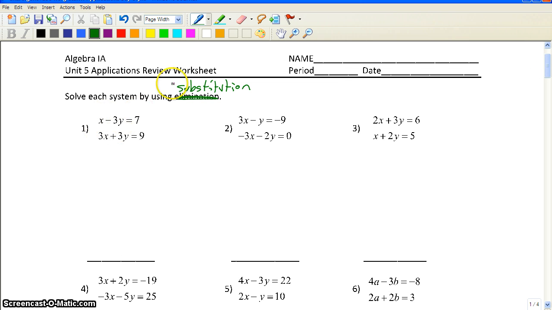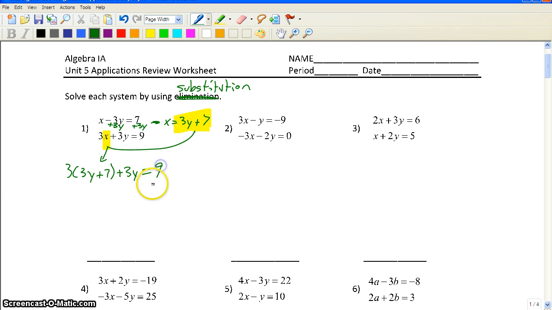So number one, substitution. I think this guy's the easiest to solve for, so I'm going to add 3y to both sides. So we're going to get x equals 3y plus 7. Now I'm going to take that and substitute it in the other equation. The other equation, not the same equation. On the quiz, guys, some of you subbed it back into the same equation, but I want you to do it into the other.